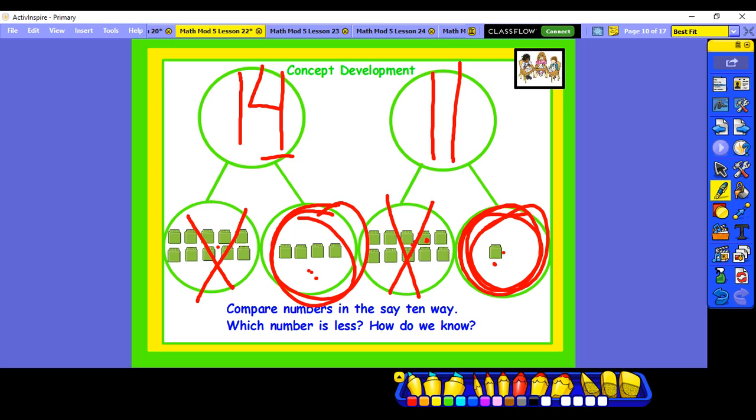Which one is less or not as much? 11 is less than 14 because 11 has 1 left over in the ones place. 1 is less than 4, so 11 is less than 14.